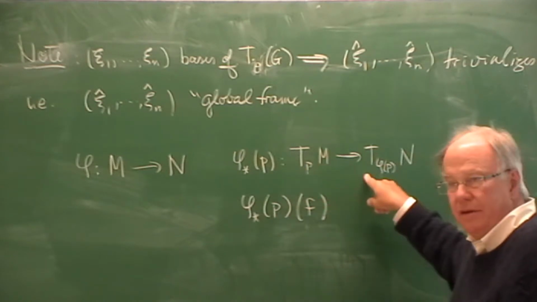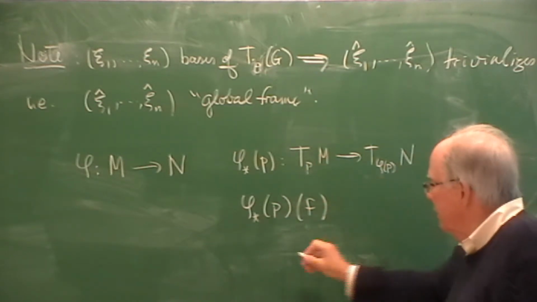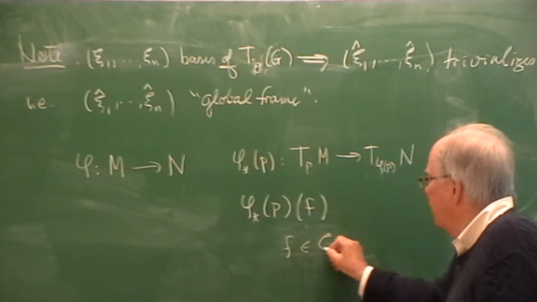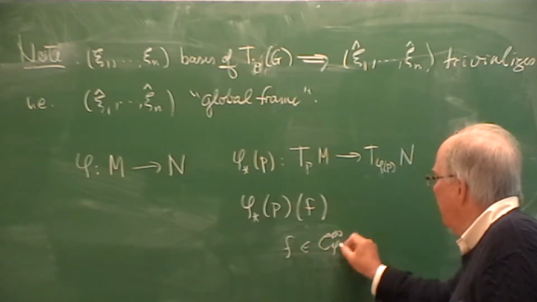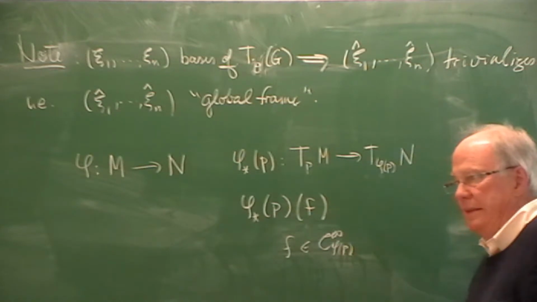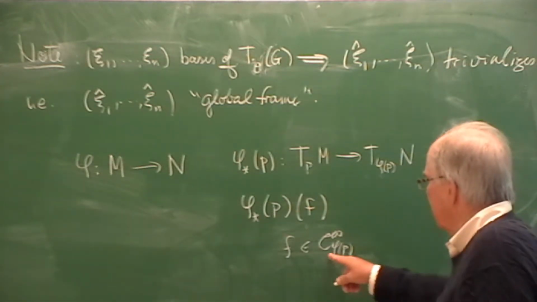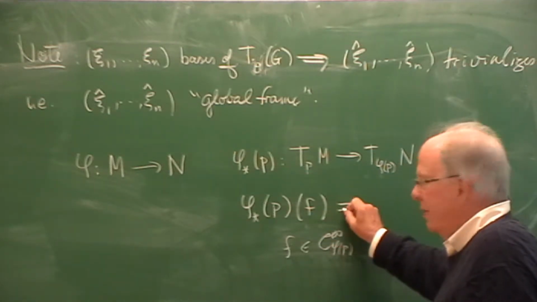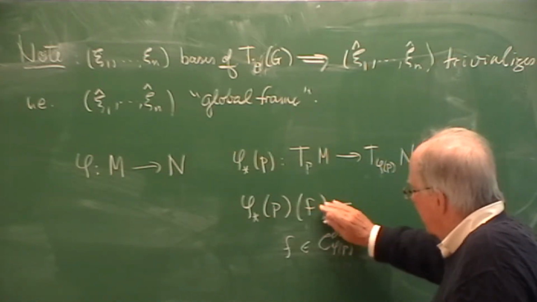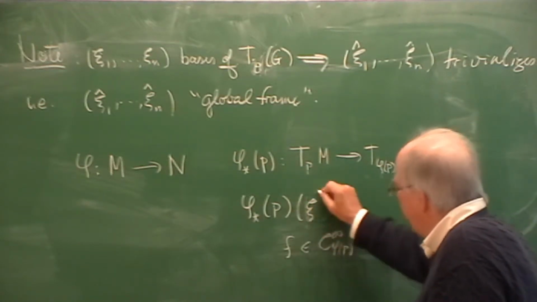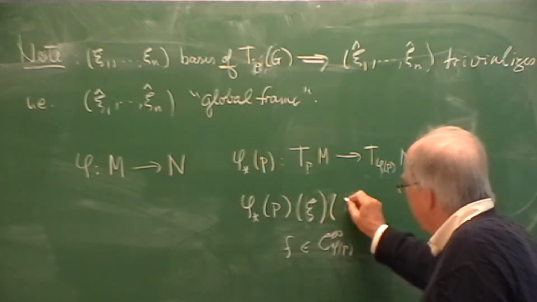Yes, I get a map from here to here. I want to define it. So f means a C infinity function near phi of P. If you like sheaf theory, this is in the sheaf of sections of C infinity functions. Oh, I'm sorry, I have to push forward something: phi push forward of C applied to a function.